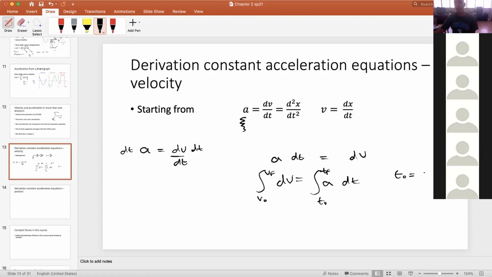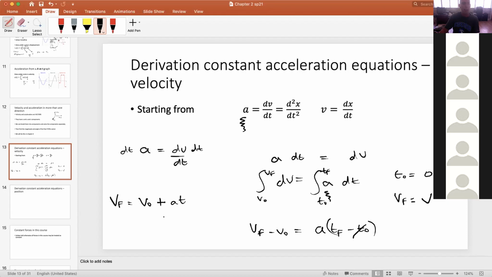I'm going to take the initial value of time to be 0, and I'm going to call v final just v. Okay, this is a constant term, and these are easy, right? So this is v final minus v initial is equal to a times t final minus t initial. But I said this is 0. So really what we get is that v final is v initial plus at.